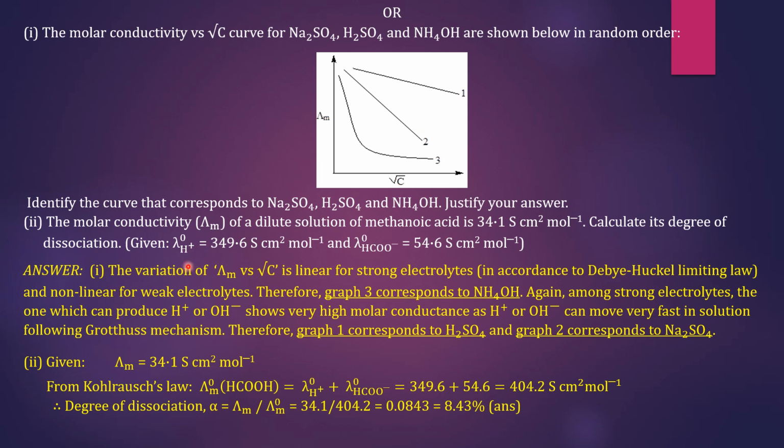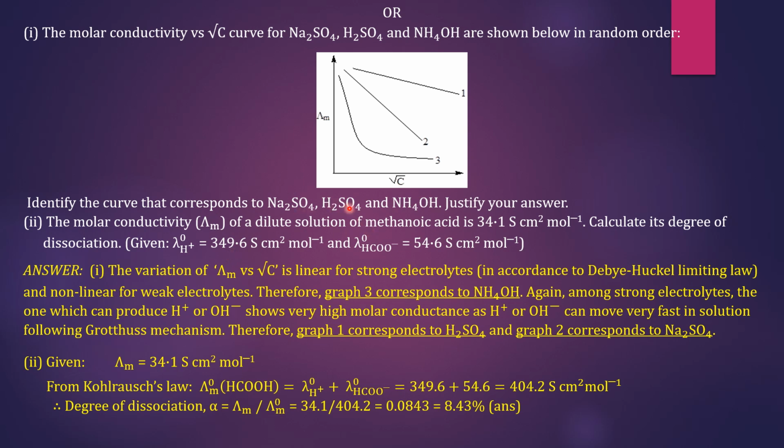Even in the second problem you can see the given values: lambda naught of H plus is 349.6, lambda naught of OH minus is around 200, whereas the formate ion is only 54.6. If you take Na plus, K plus, they are around 70, 74, 80 like that, but H plus is 349, OH minus 200. So here we have H2SO4 and Na2SO4.